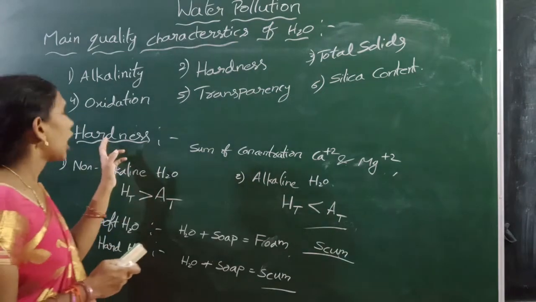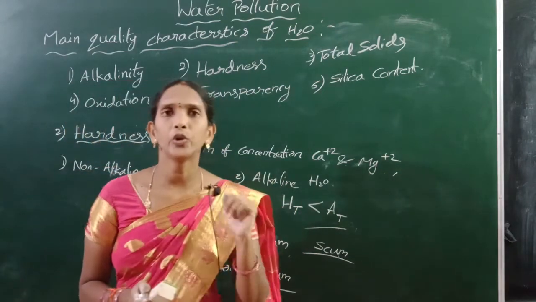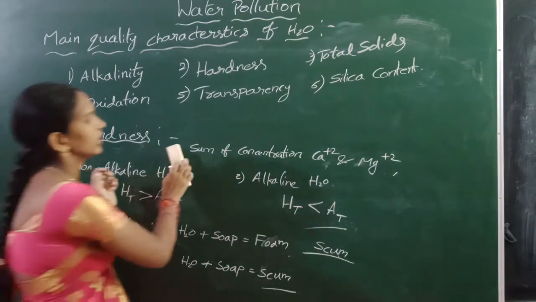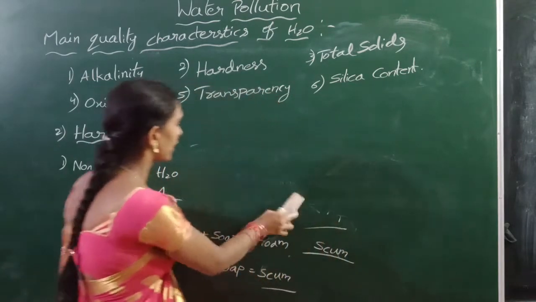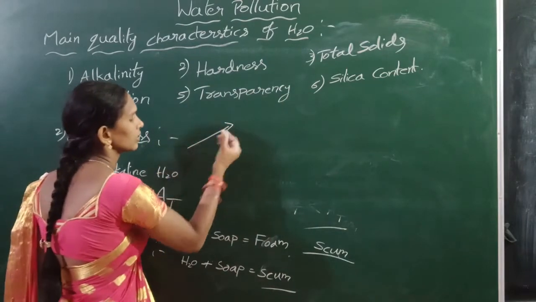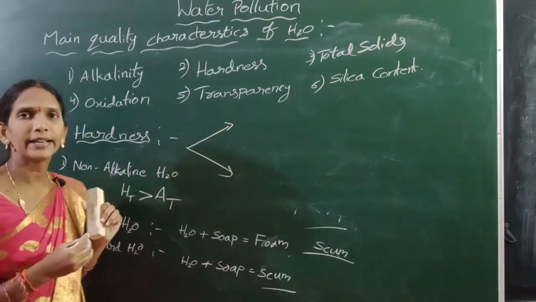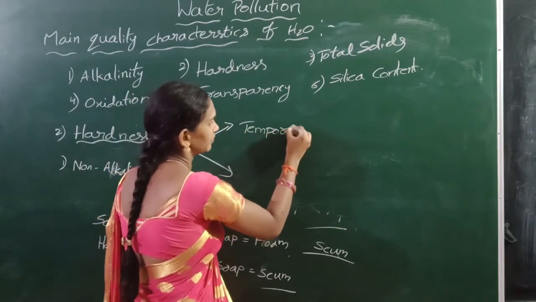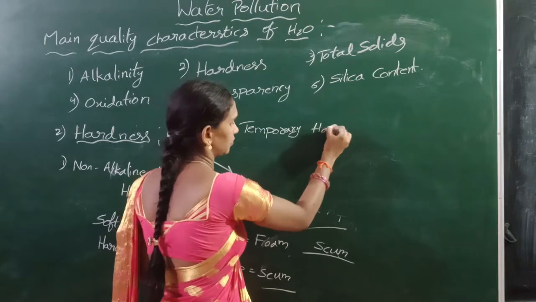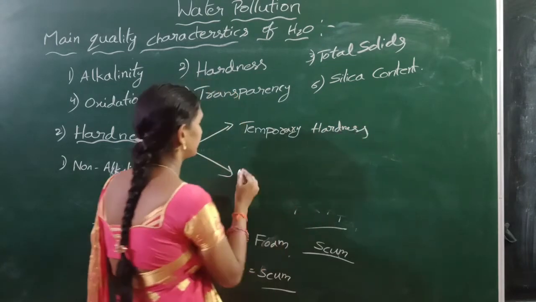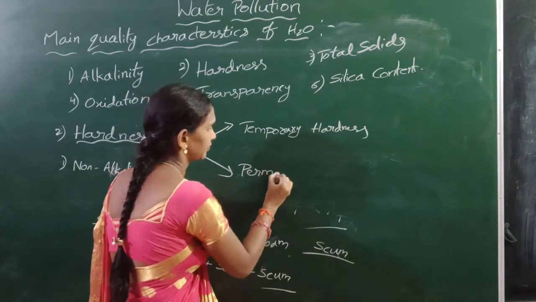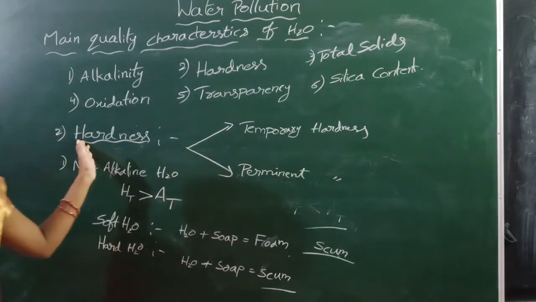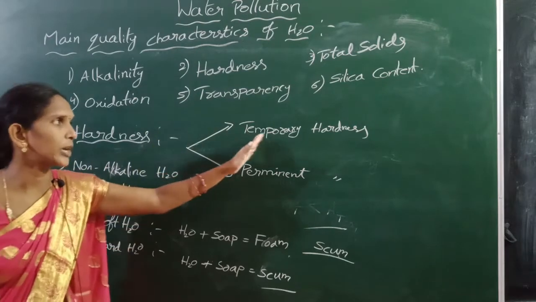The next one, hardness is divided into two types. The first one is permanent hardness and the second is temporary hardness.